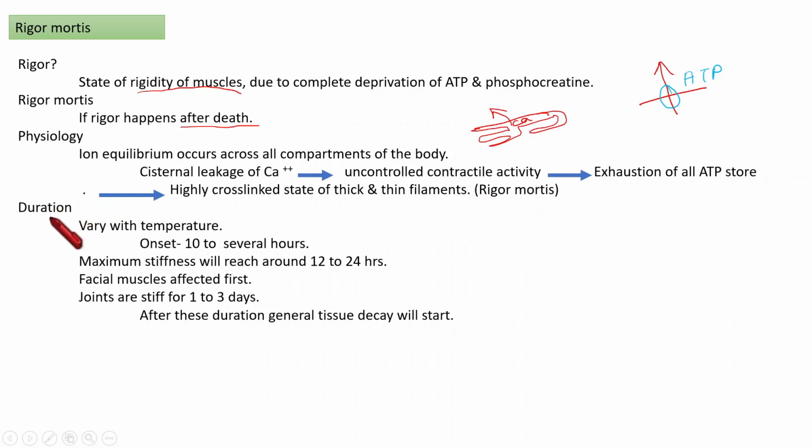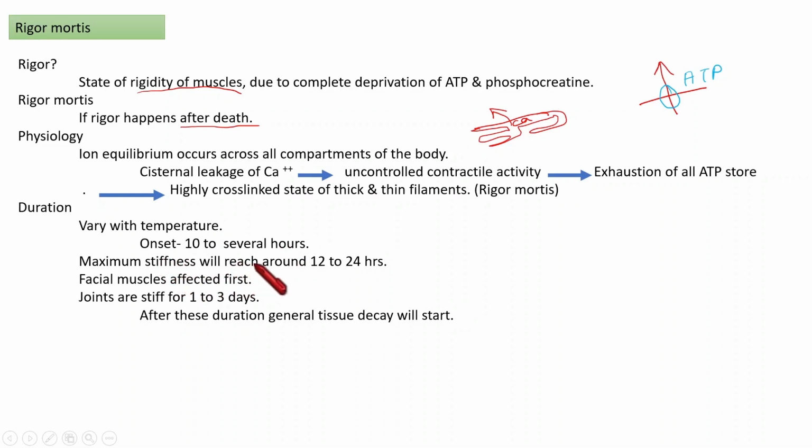Then what about the duration? The duration of rigor mortis varies with the temperature of the environment. Usually rigor mortis starts from 10 minutes after death to several hours. So, by checking the rigor mortis, its strength and its extent, we can predict up to a certain extent when the death happened.